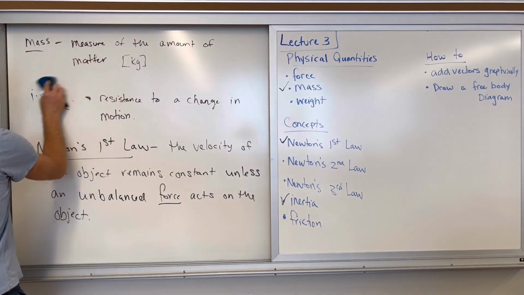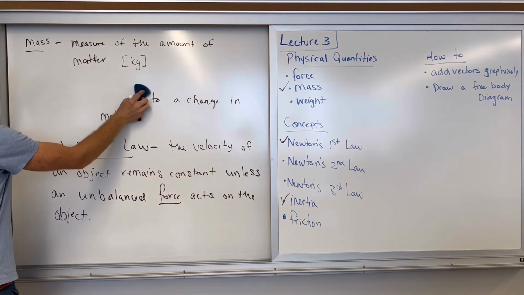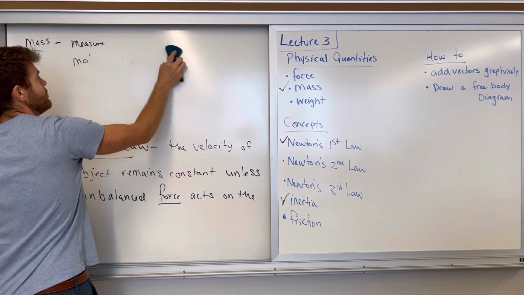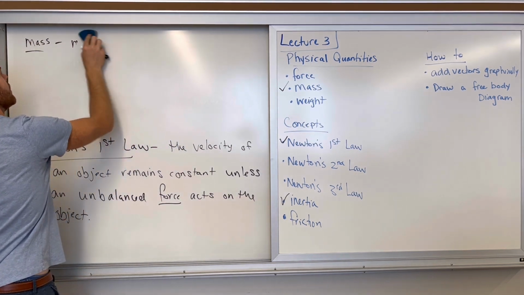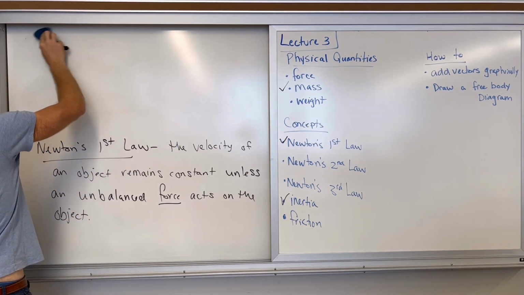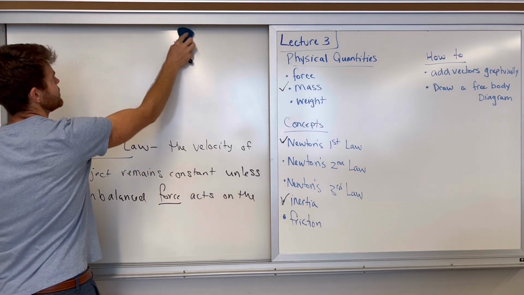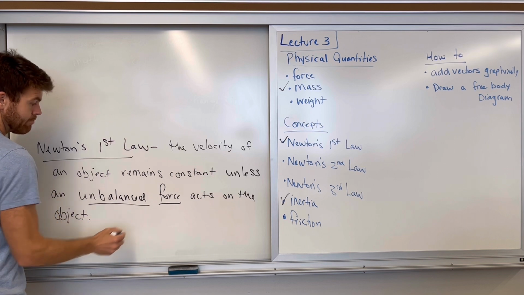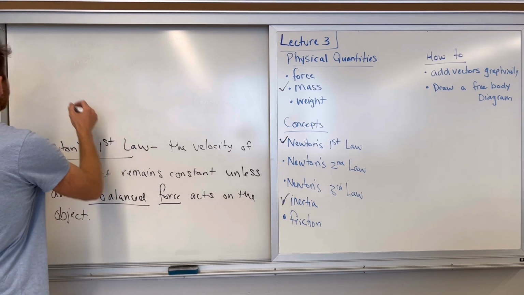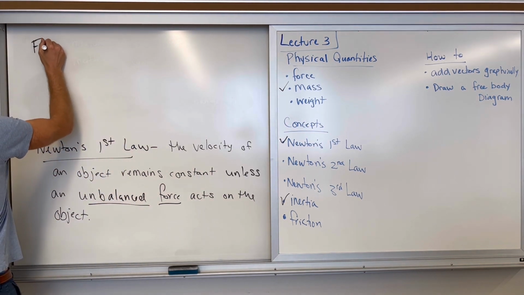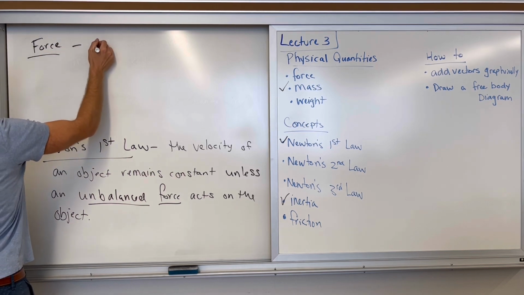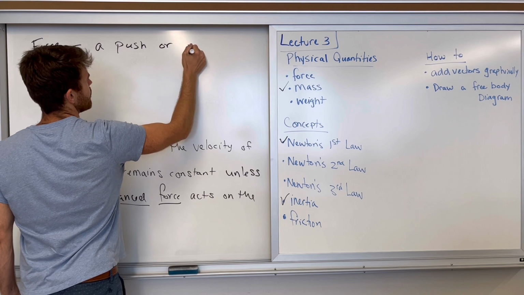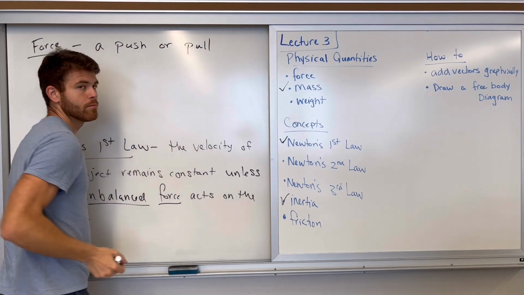You could think of a force as something that can potentially change motion. I say potentially because forces could act on an object and not change the motion, because there's this qualifier of unbalanced, which we'll discuss. But a force is a push or pull on an object.